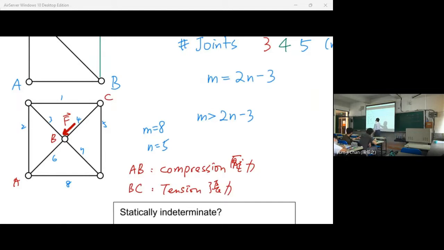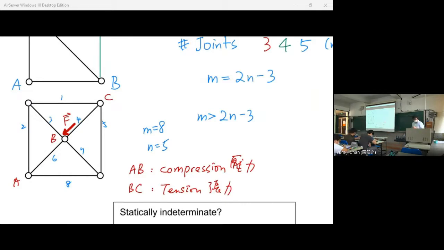Of course we know the compression here and the tension here, and the sum of these two forces is equal to F. But what is the compression here and what is the tension here? We cannot know.